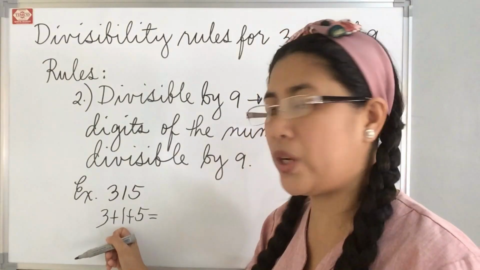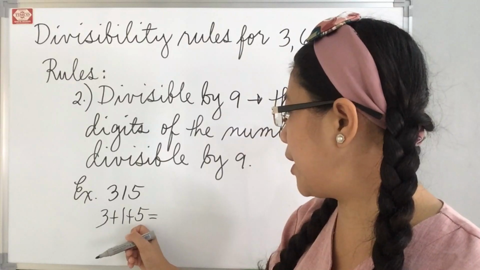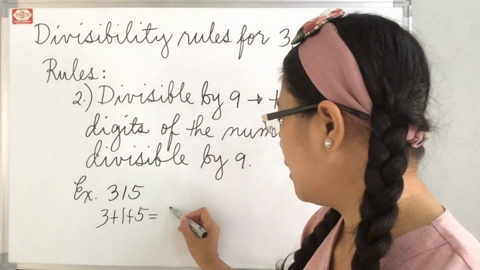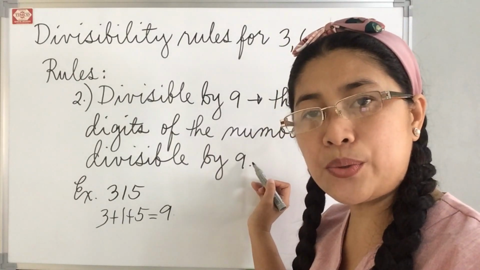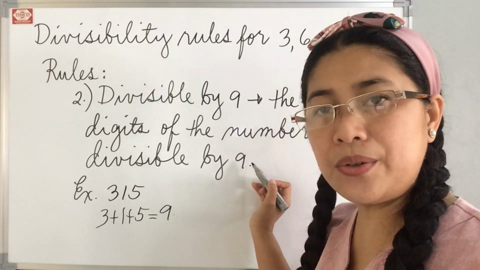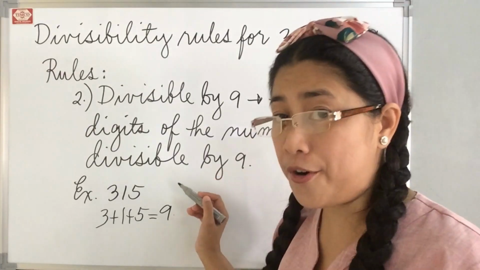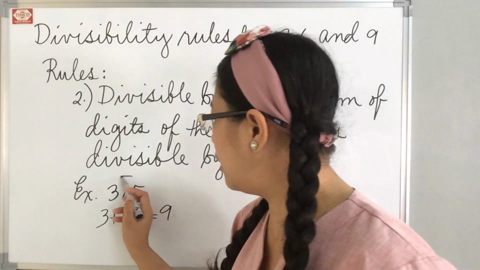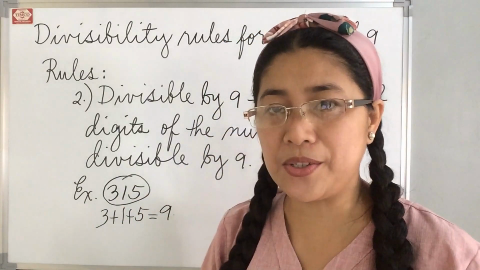Alright, 3 plus 1 is equal to 4. 4 plus 5 is equal to 9. 9 divided by 9 is equal to 1. So, there is no remainder. That's why it is divisible by 9.